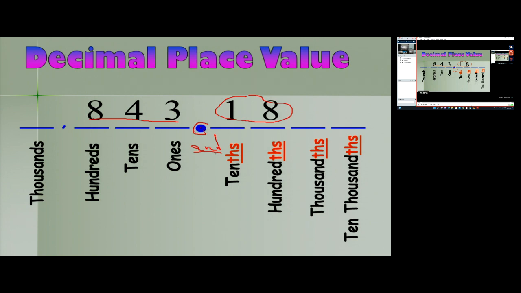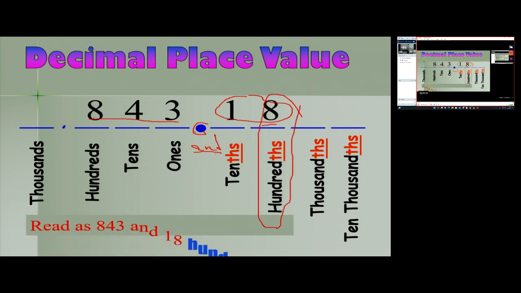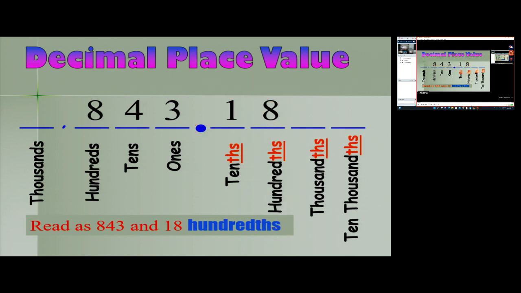Now, what is the place value of the last digit, which is 8? That is on the hundredths place, right? So if you are going to read it properly, that is 843 and 18 hundredths. Why 18 hundredths? Because the last digit of the given number is on the hundredths place.